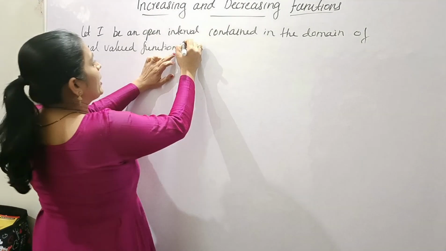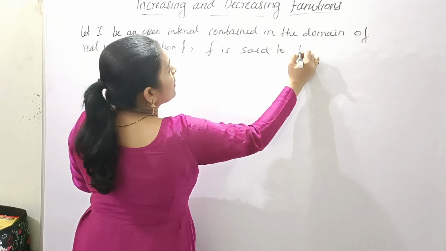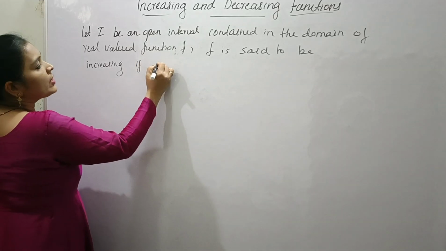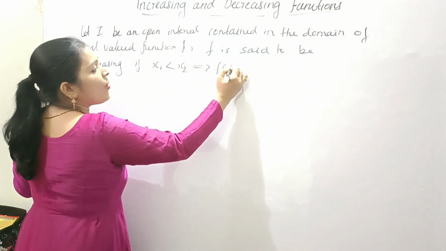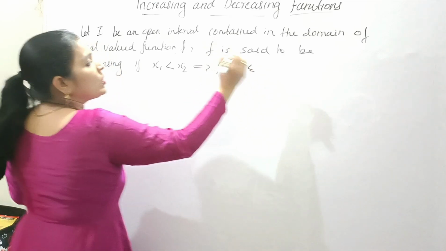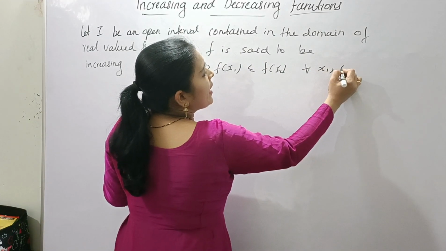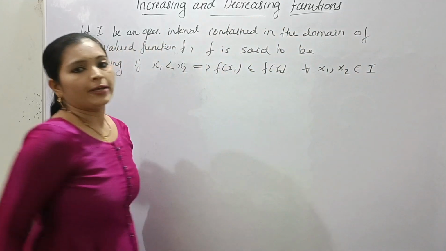Then f is said to be an increasing function if x1 less than x2 implies f of x1 less than or equal to f of x2, for all x1, x2 in the interval I.